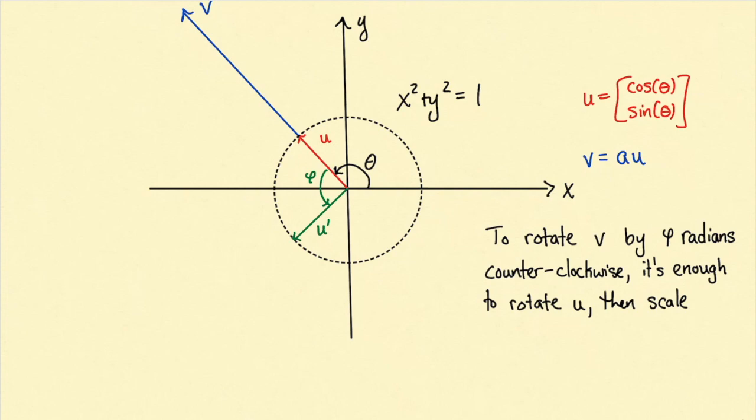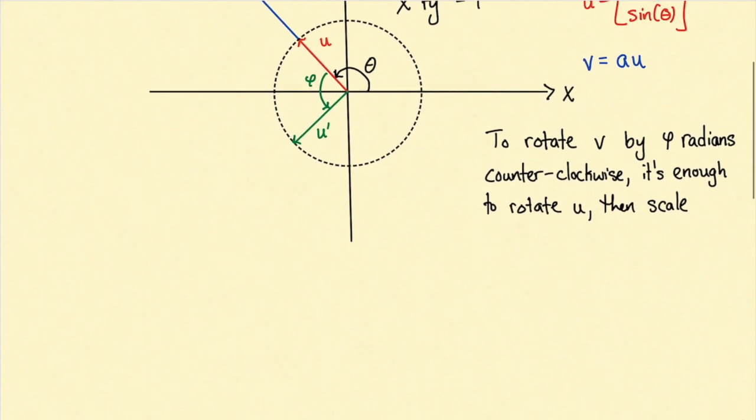Since we've rotated it by phi radians counterclockwise, the new angle between the x-axis and the vector u prime is simply theta plus phi. So we can write down the coordinates for our new vector u prime as cosine of theta plus phi for the x-coordinate and sine of theta plus phi for the y-coordinate.